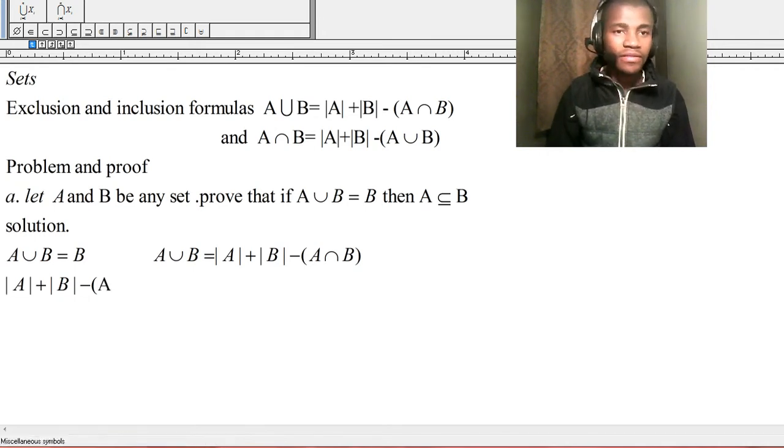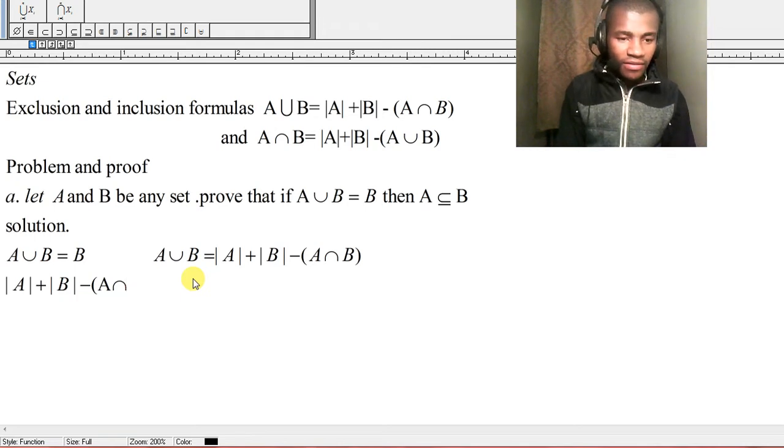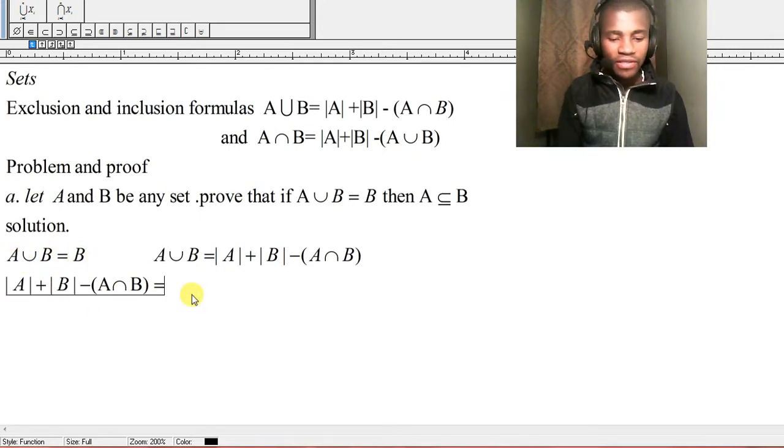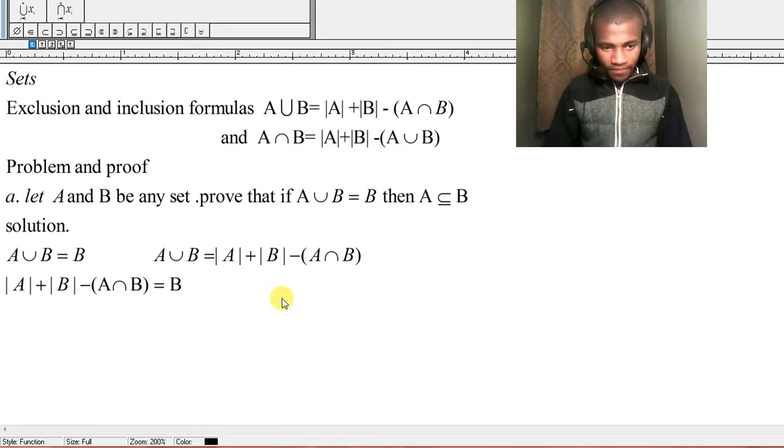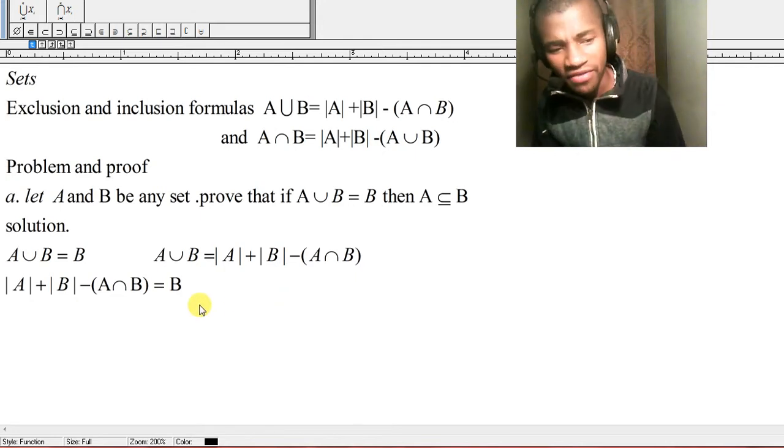So we are just copying this here, writing it in instead of A union B, because we are saying that is the same thing. Modulus of A intersection B. Now we say is equal to, and we are getting the equal from here, so this is equal to this, and we're just writing B as it is. Okay, so now we have a method to solve.